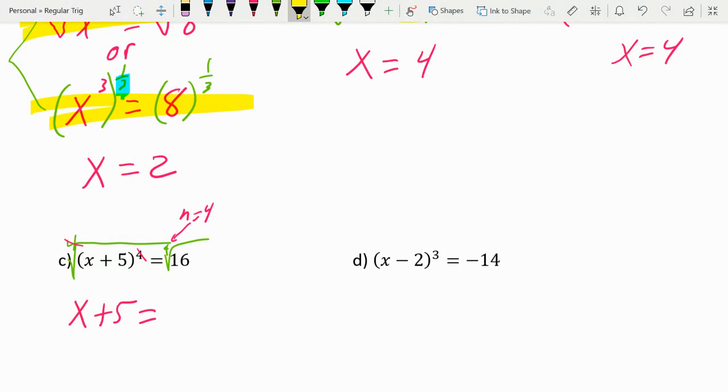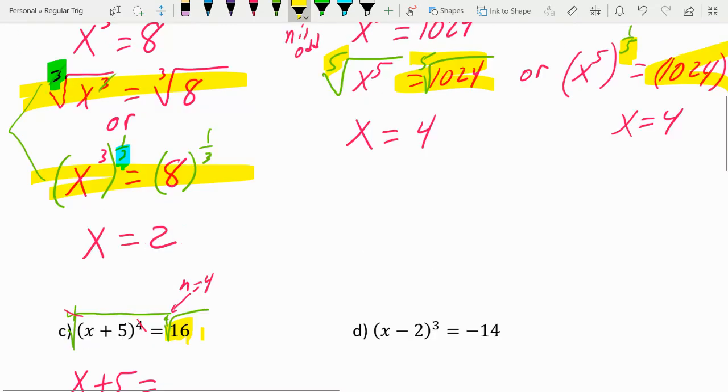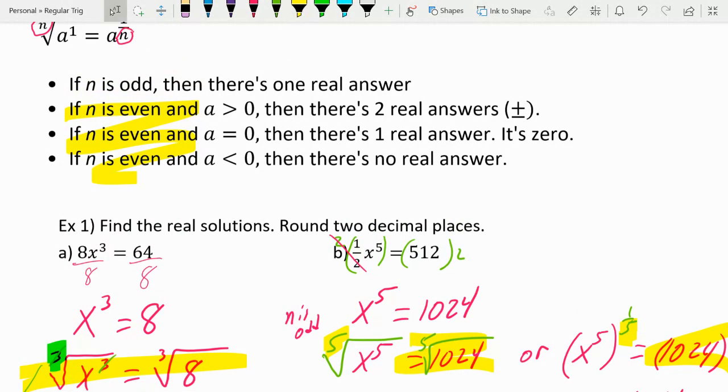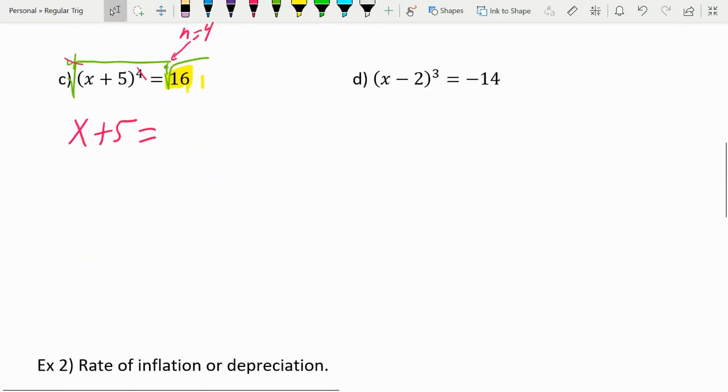A is positive. So I know I'm going to have two answers. So make sure you put the plus and the minus. This is why it was important to learn that. So when I do the 4th root of 16, I end up with plus or minus 2.